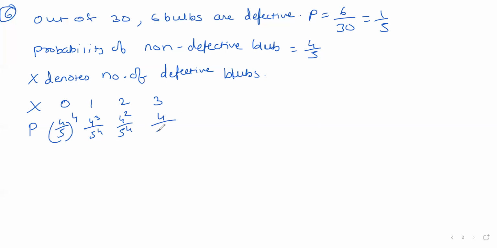So 4 upon 5 raised to 4. And 4 defective, all 4 are defective, 1 upon 5 raised to 4. Okay, this is your probability distribution.